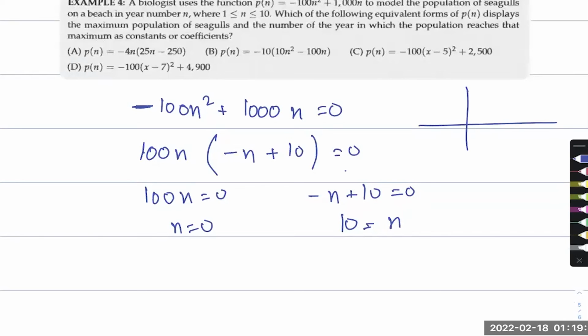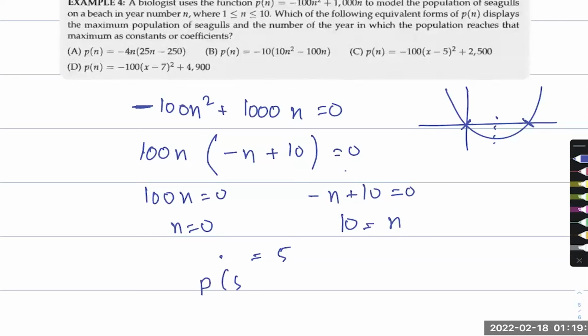Now what am I doing? I'm using the idea that my vertex is just the midpoint of my roots. So what is the midpoint of 0 and 10? 5. So my vertex is at 5. And then I want to figure out what the value of y is at 5.